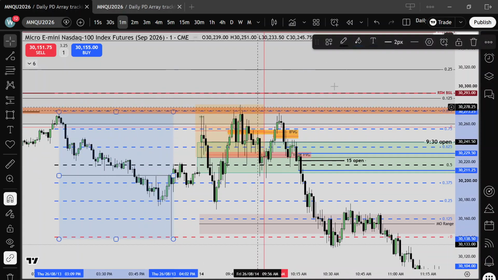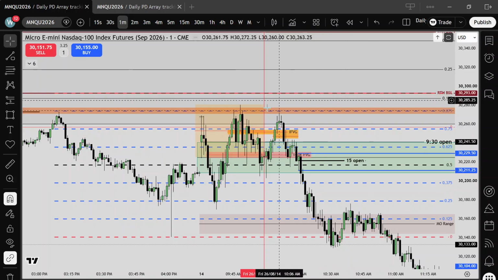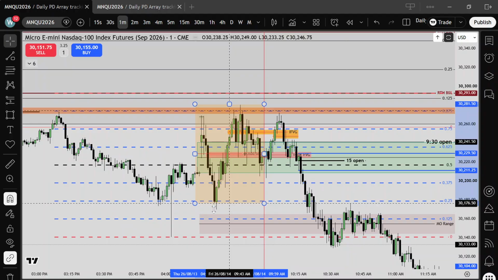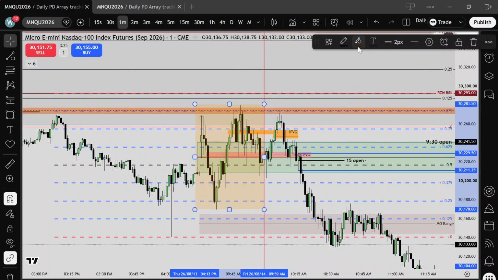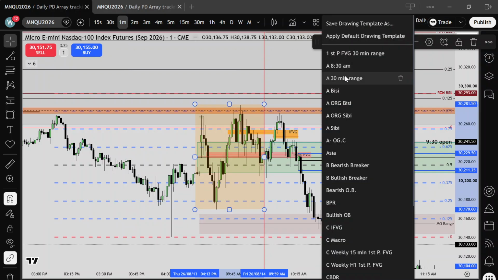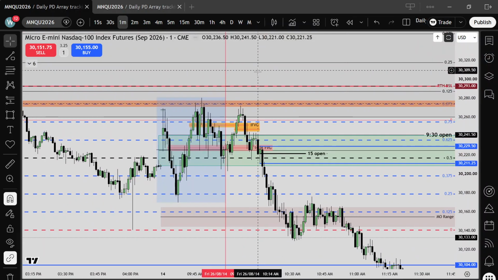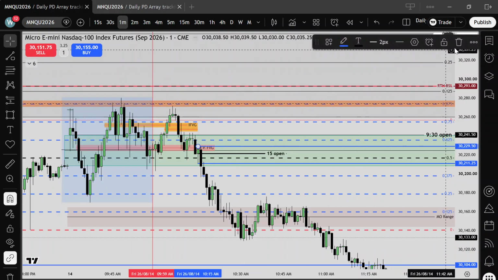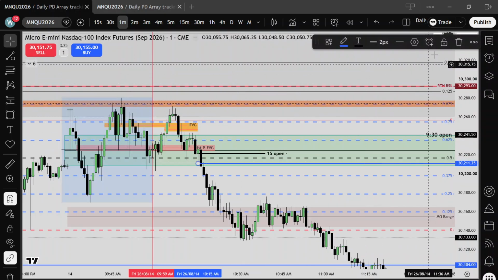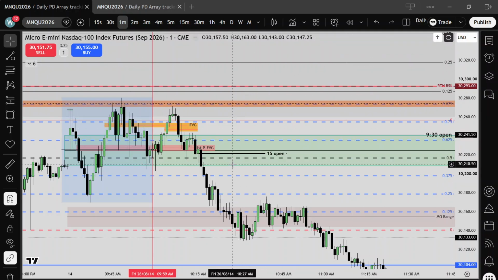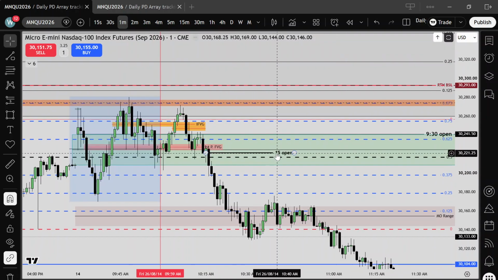Let's take this off. I'm going to turn this into our 30-minute range. So let me take this off. This off. I'm even going to take the, no, I'll leave the opening range gap on there.